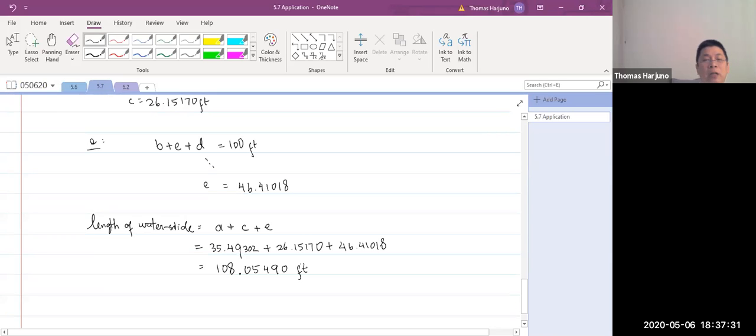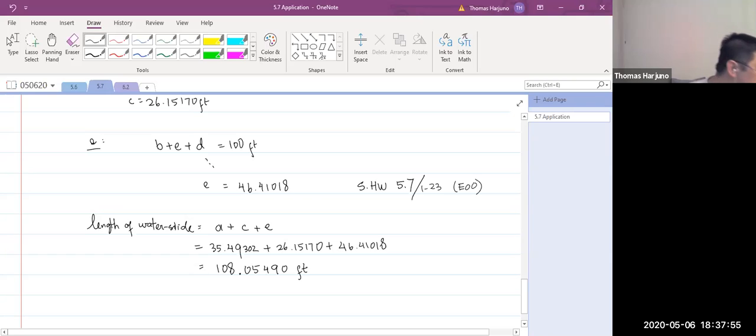Okay, that's for this section. Your suggested homework from this 5.7 will be number 1 to number 23, every other odd.